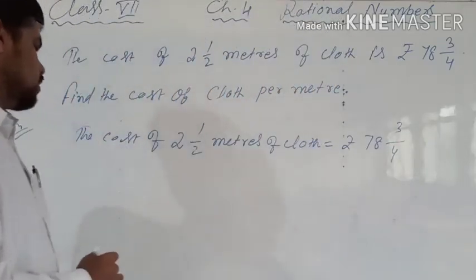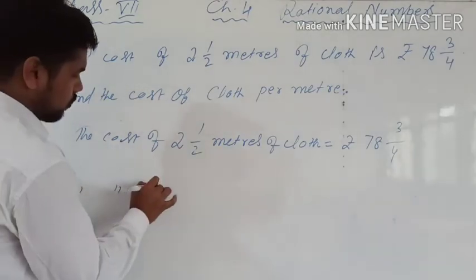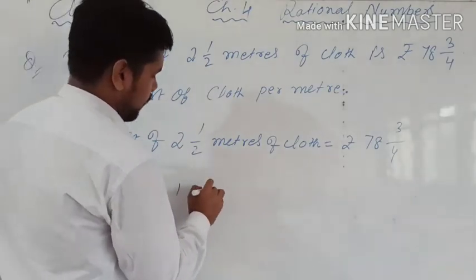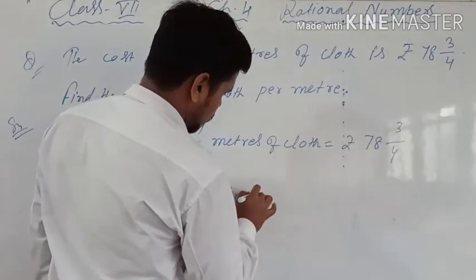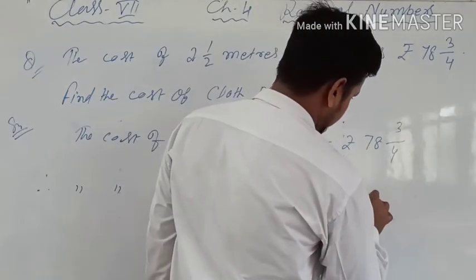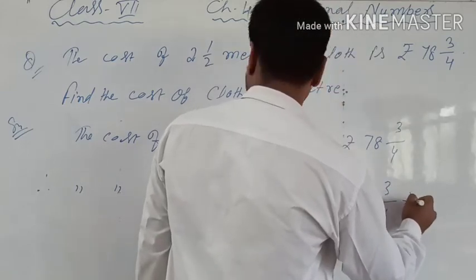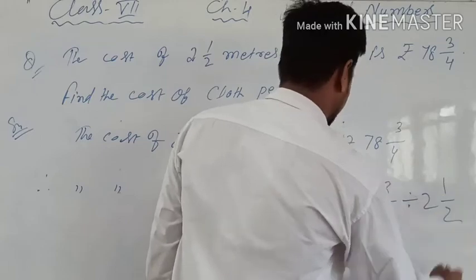You have to find the cost of 1 meter. Therefore the cost of 1 meter of cloth is equal to rupees 78 whole 3 by 4 divided by 2 whole 1 by 2.